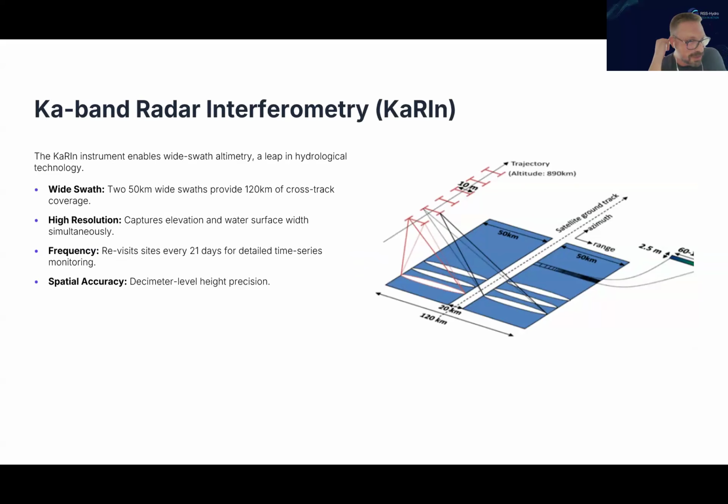I was never a radar engineer, but all I know is that it's a wide swath coverage, but very high resolution, actually, from a public mission standpoint. And it measures the elevations of the water surface and its width at the same time, which is absolutely amazing. Of course, there are large errors as you get into the interface between dry and wet land, but the boundaries have always been troublesome in any satellite capture, also optical.